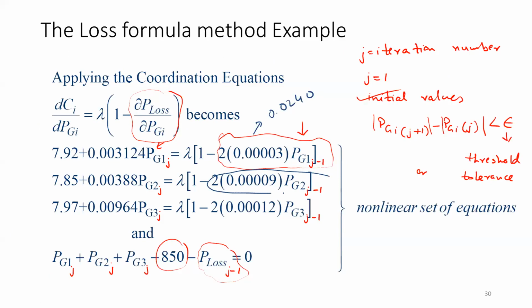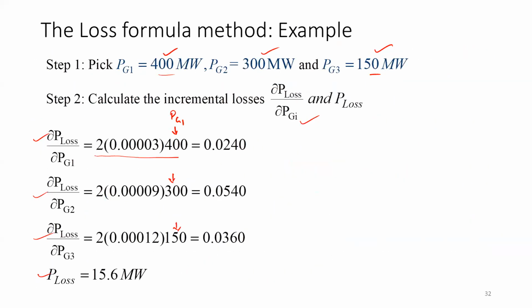Similarly, this one is also a constant. This one is also a constant. And you got the value of your P loss as well. So this is also a constant. Now, do you have any non-linearities anymore? No. Now you have got your 4 sets of linear expressions and 4 variables. Can you solve it?